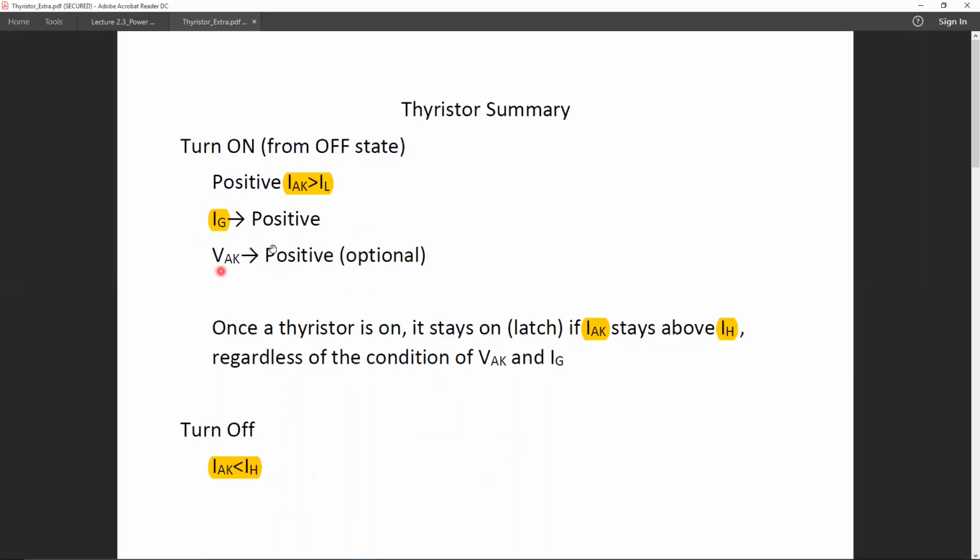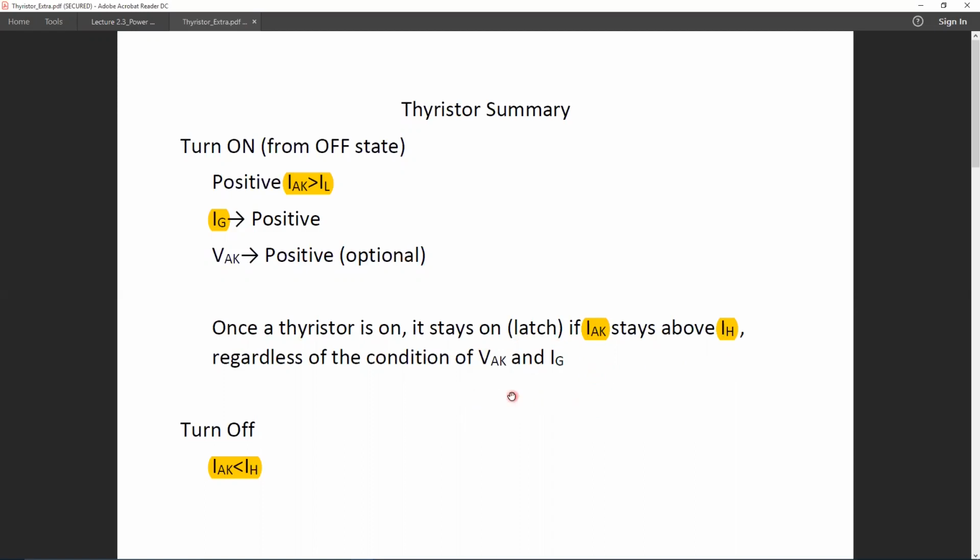Again, in case of a resistive load, VAK must be positive in order to get a positive IAK. So once a thyristor is on, it stays on, or it's in a latching state, if IAK doesn't drop below IH, no matter what is the condition of VAK or IG.